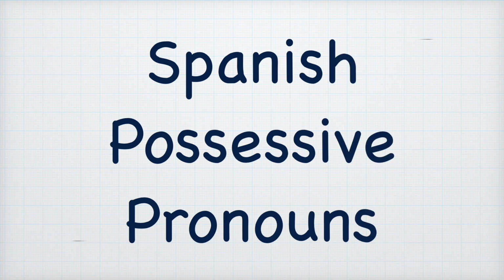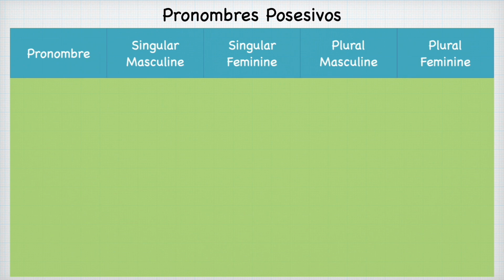Today, I'm going to talk about the Spanish possessive pronouns. As with other pronouns, these are words that are used to replace a noun that has been mentioned previously. Los pronombres posesivos, the possessive pronouns, vary in gender and number. Let's take a look. For yo, I, we're going to use el mío for singular masculine nouns.